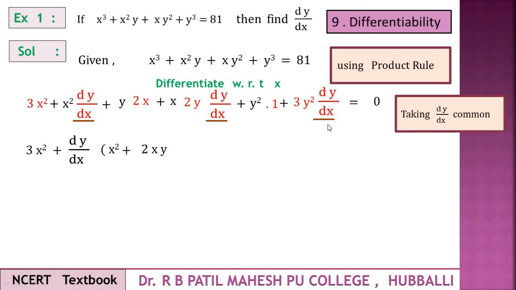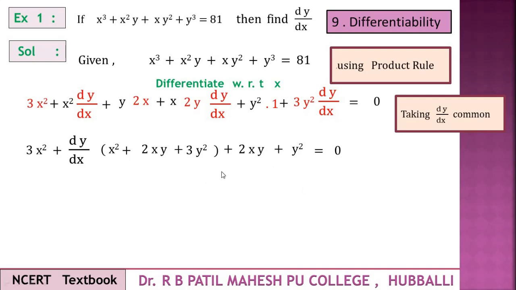And the third term coefficient is 3y square, so write it and complete the bracket. I hope you understood how to write the terms after taking common. The remaining functions you write as it is. Here y into 2x is written as 2xy, and another term free from dy by dx is y square into 1, that is y square, equal to 0. Next we want the dy by dx function, so remaining terms you transfer to the right side.